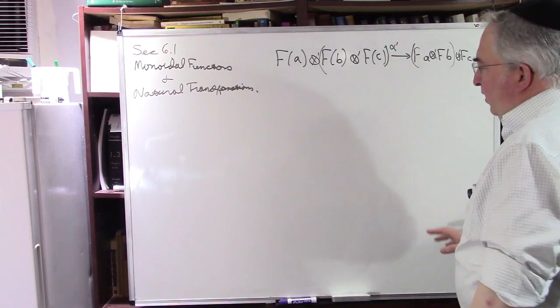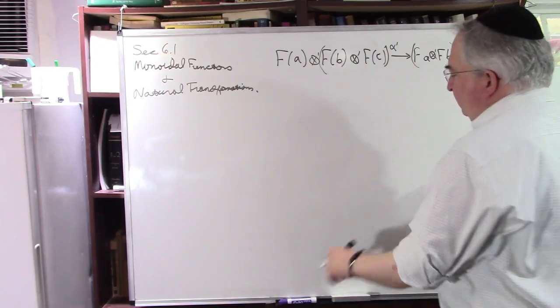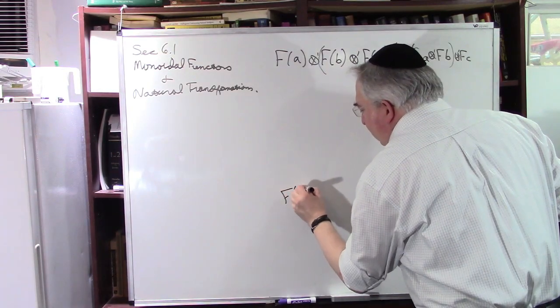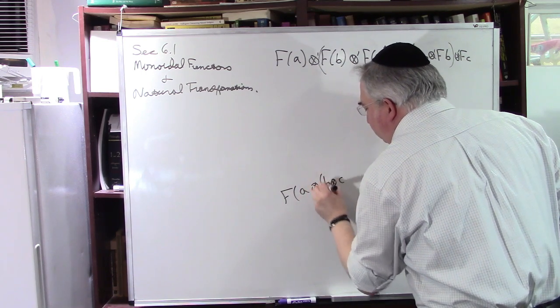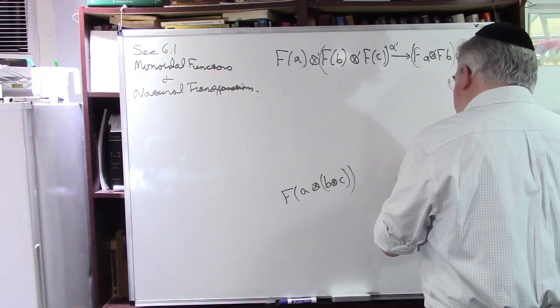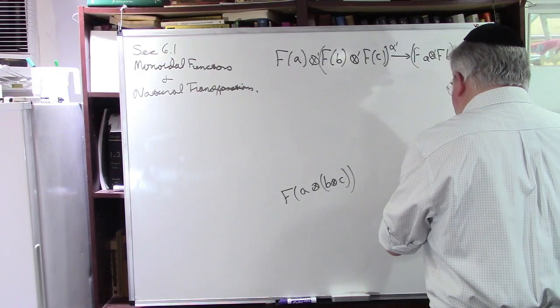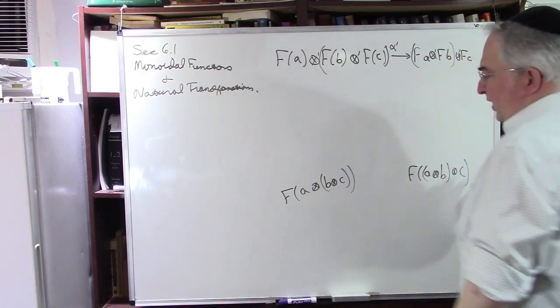Now, I'm building up this diagram. Okay, so here's another thing we can have. We can have A tensor B tensor C, like that, or F of A tensor B tensor C, like that.